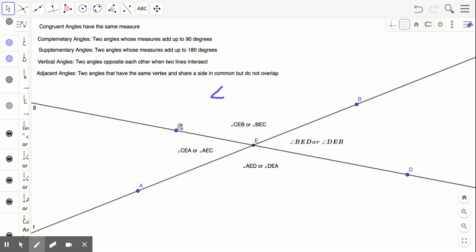What's important is you need three letters to represent the angle. One of the first letters you write has to be a point on one of the two sides of the angle.